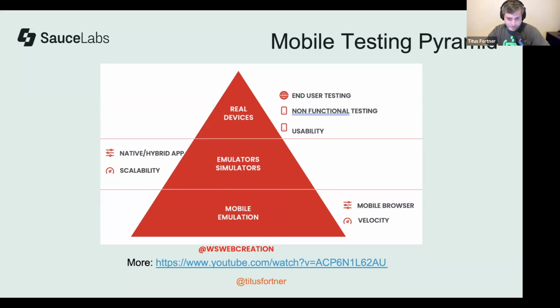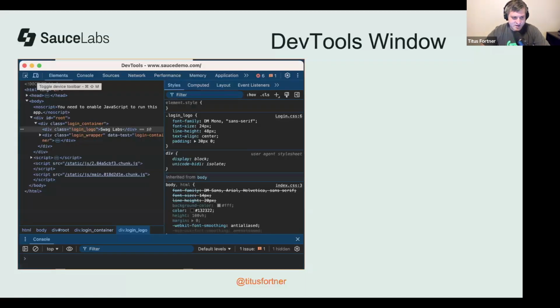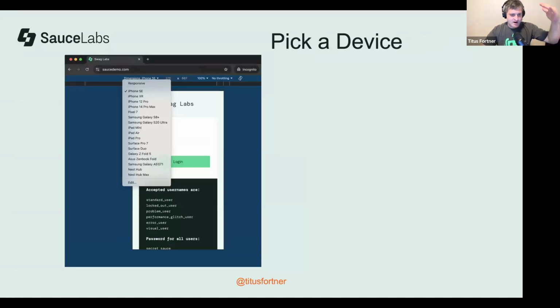So let's walk through what real devices versus emulators and simulators and mobile emulation looks like. We're going to start with mobile emulation. Essentially, if you right click on a browser and open up the DevTools window, here in the upper left, you click on that, and it's going to give you a view like this, where it'll show a bunch of different devices that you can emulate the page.